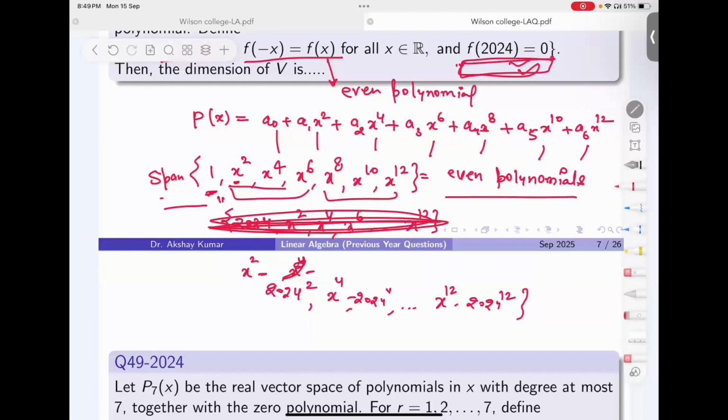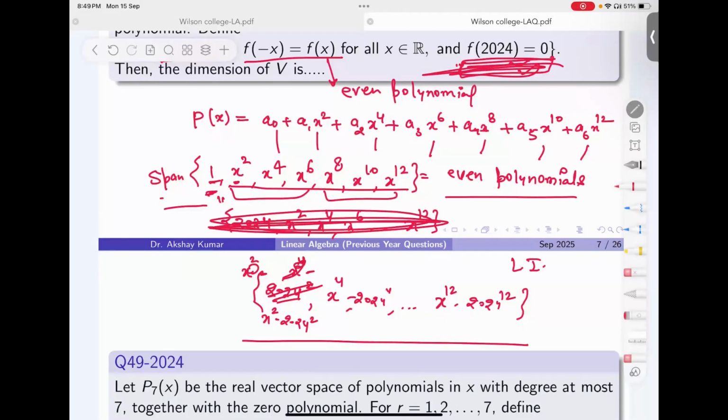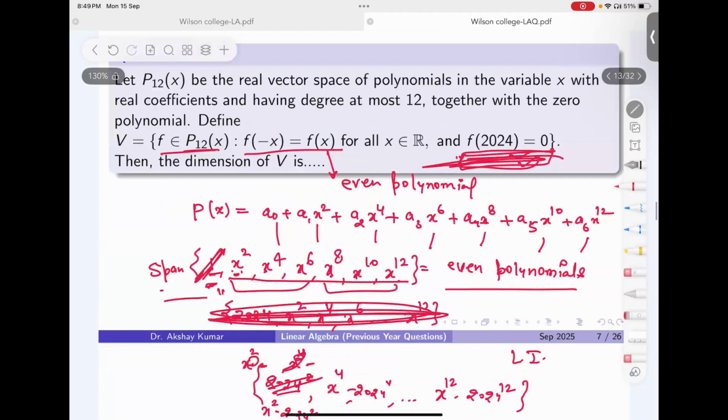So we can manage all the remaining terms except one. We cannot manage the constant. So how many linearly independent elements are there if we apply this condition? We have deleted this one only. So 1, 2, 3, 4, 5, 6. So the dimension is 6.